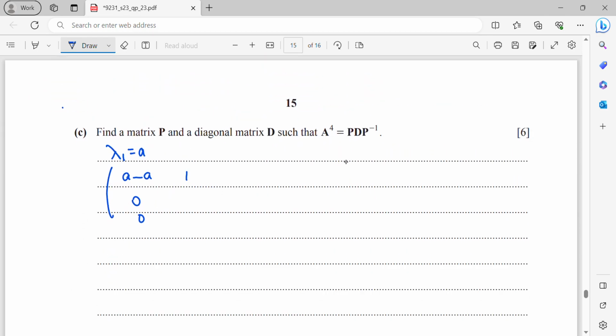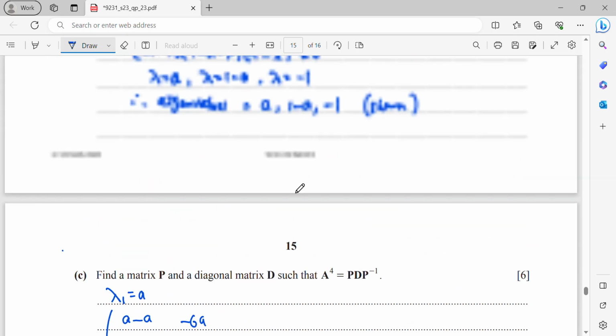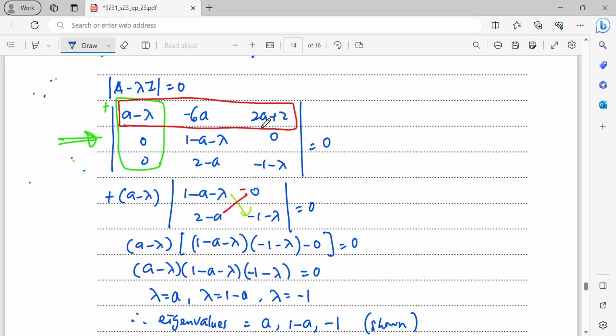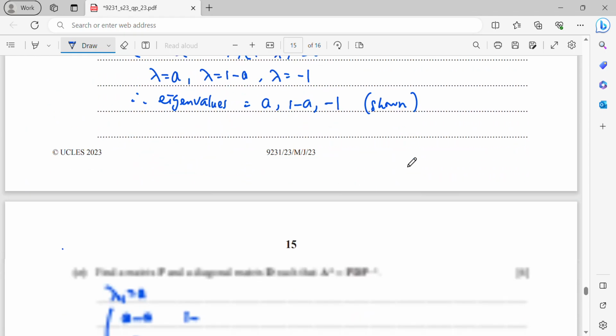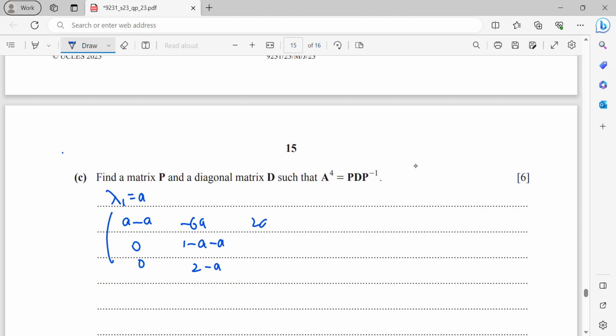So minus 6A, 1 minus A minus lambda. Then after that, 2 minus A. Then the last column, 2A plus 2, 0, minus 1 minus lambda.